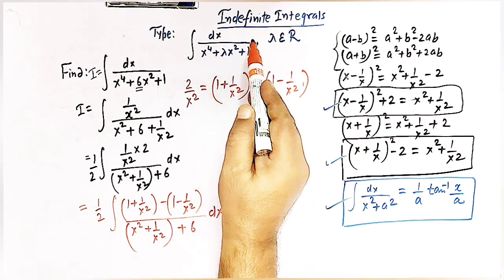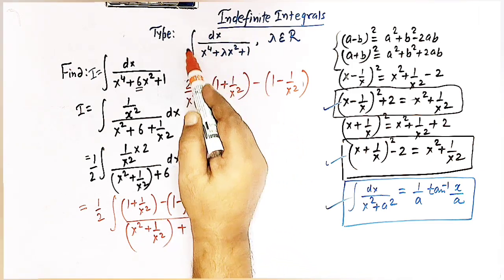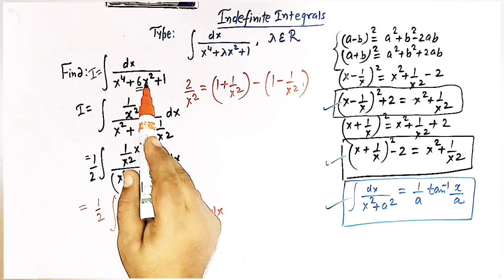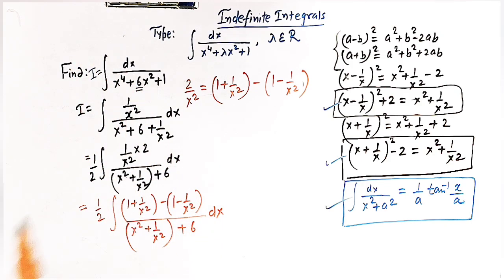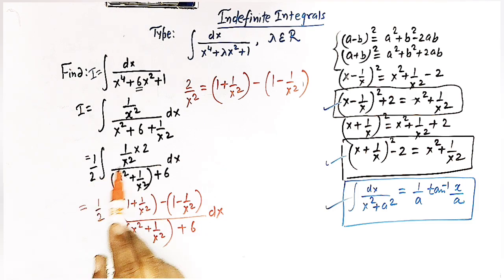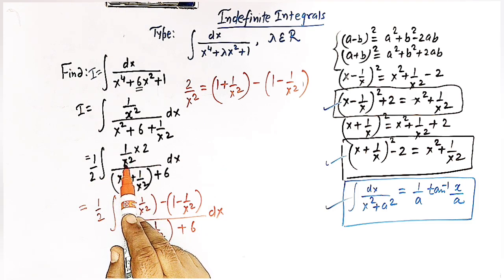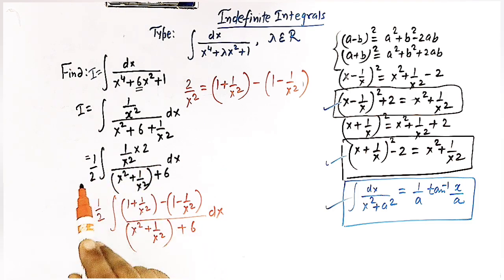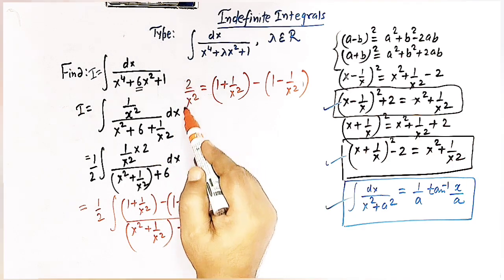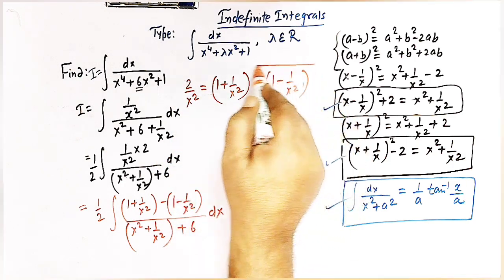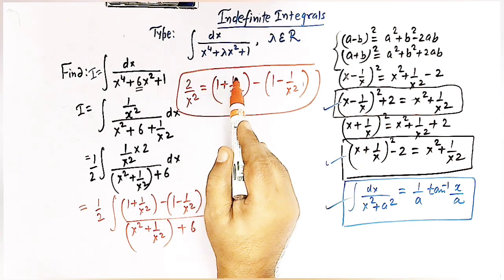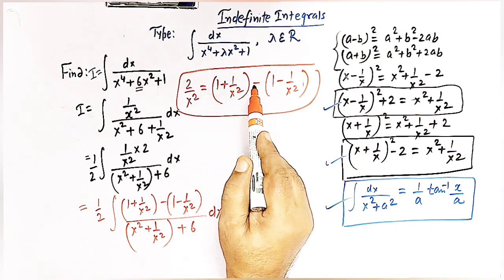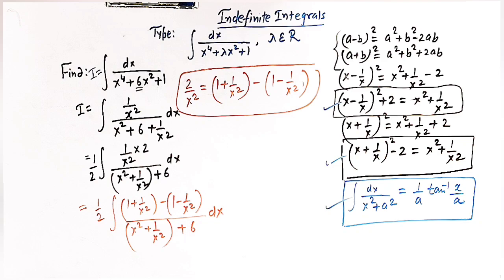So whenever we have to integrate functions of this type, the first step is to divide the numerator and denominator by x square, and then we have to multiply 1 over x square by 2 and divide by 2, and then we express 2 over x square like this, that is 2 over x square is equal to 1 plus 1 over x square minus 1 minus 1 over x square.